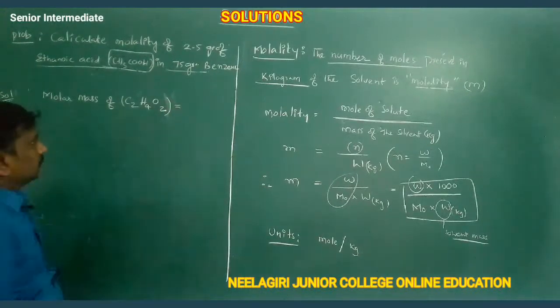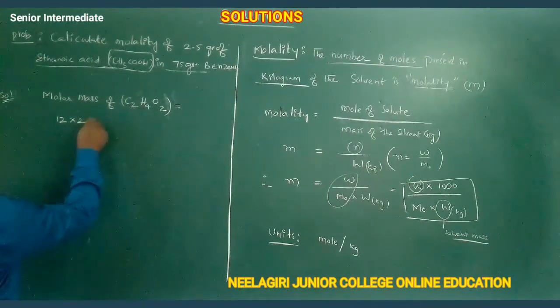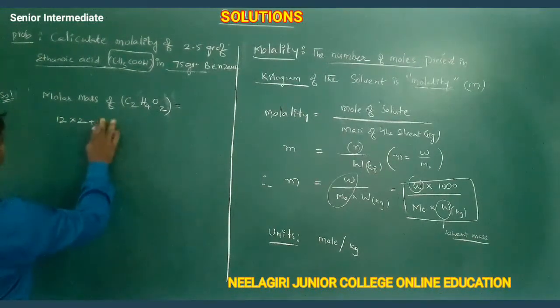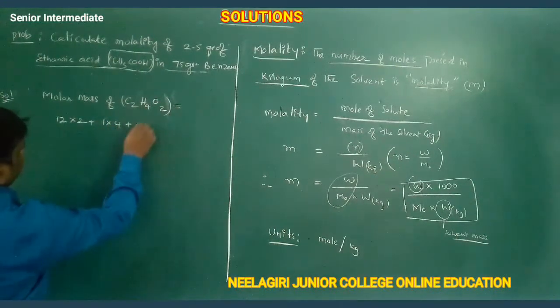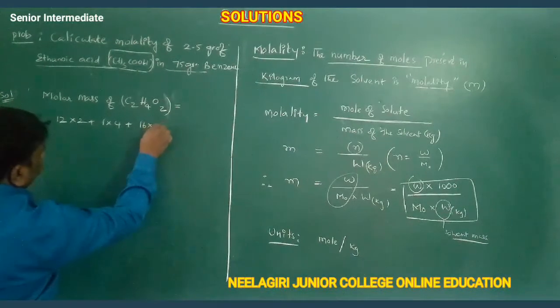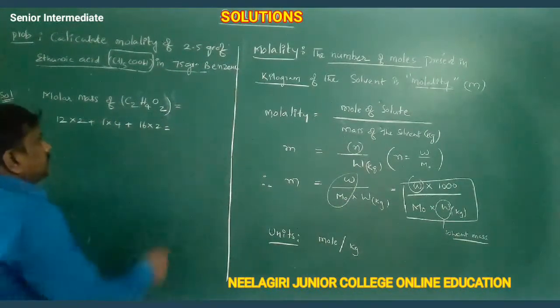It is equal to carbon 12 into 2, plus hydrogen 1 into 4, plus oxygen 16 into 2. How much is the total? 24 plus 4 plus 32, 60 grams.